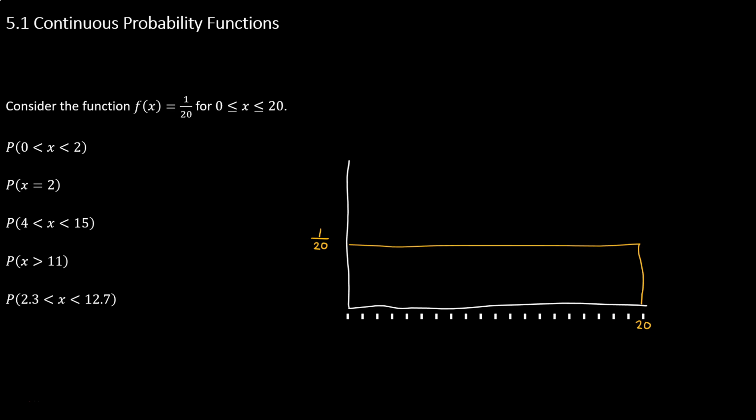So for example, we're looking at the function 1 over 20 for the variable values ranging from 0 all the way up to and including 20. Now if we wanted to calculate the total area under this curve, we would just need to remember that area is calculated using the formula base times height.